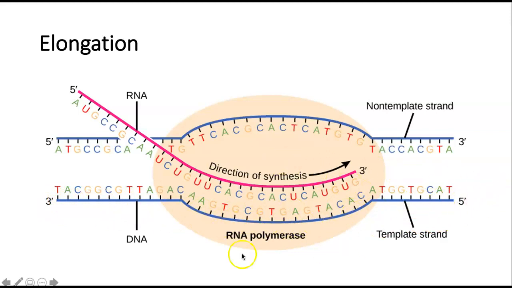Okay, so if you read the 3' to 5', you produce a 5' to 3'. And it could easily be the other way. If I put the template strand as 5' to 3', I would ask you to write the new mRNA in the 3' to 5'. So that's important to keep in mind, the anti-parallel nature of these molecules.